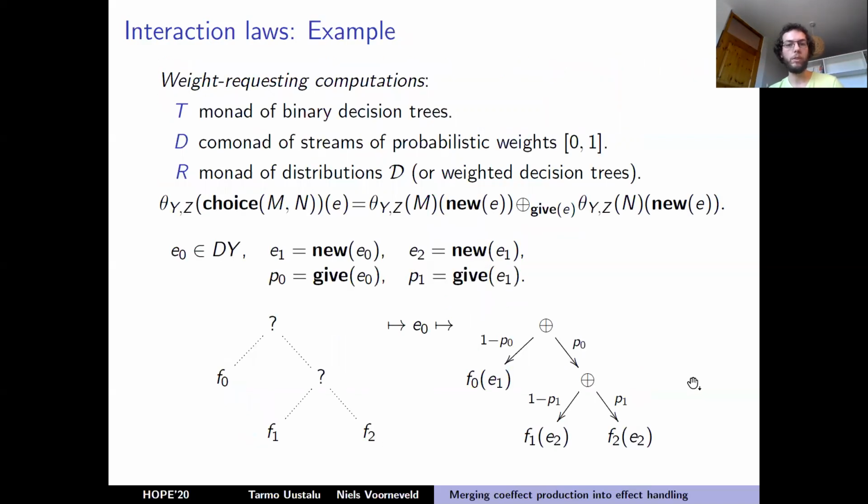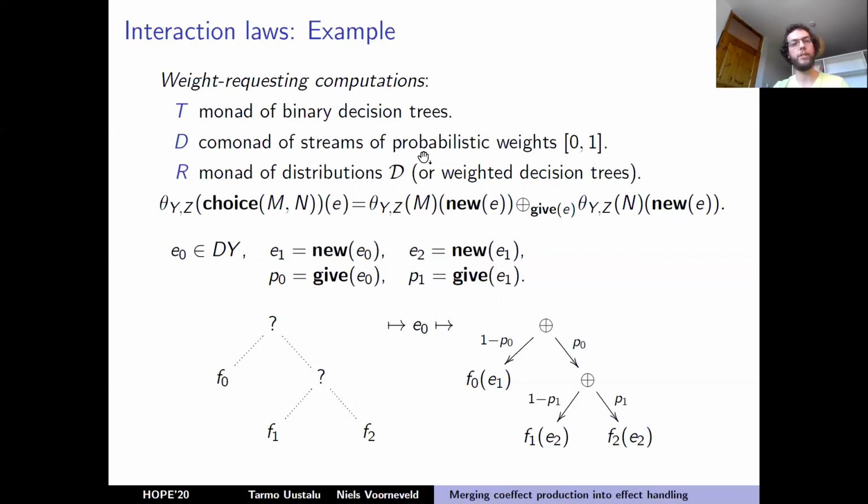So let's look at a particular example, which will be a running example in this talk. In this case, we have a monad of binary decision trees where some choices are made. And we ask for the environment to make some decisions. So it asks, oh, go either left or go right.